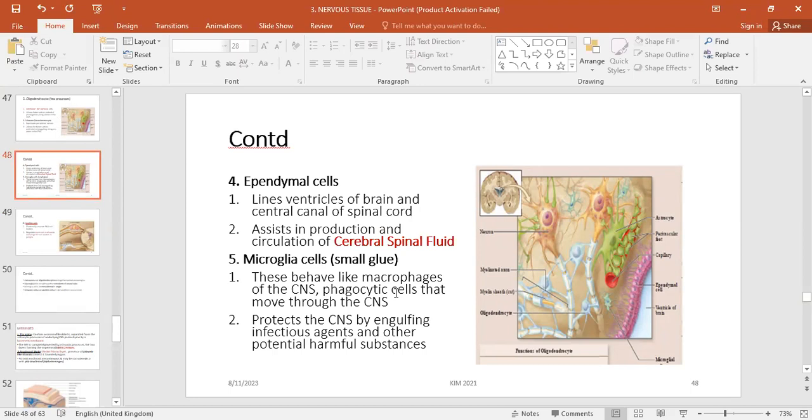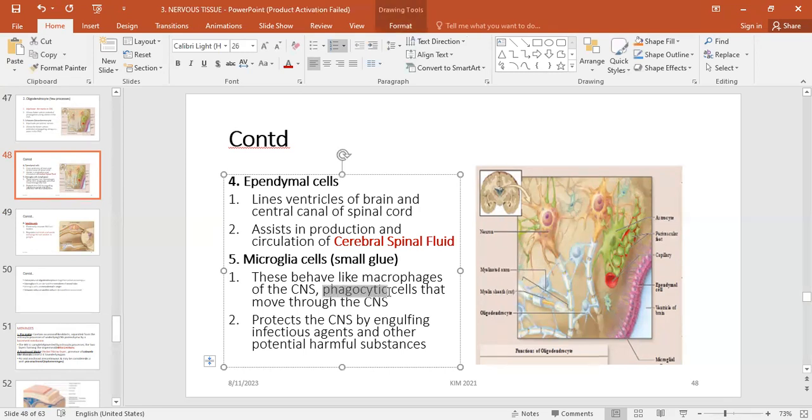Now, in an event that bacteria from blood vessels, this is a blood vessel, finds its way out of the blood vessel, then goes into the brain, starts playing around here, it will be identified by a microglial cell, which is shown here, and be removed by the process of phagocytosis. So microglial cells are simply phagocytic cells.